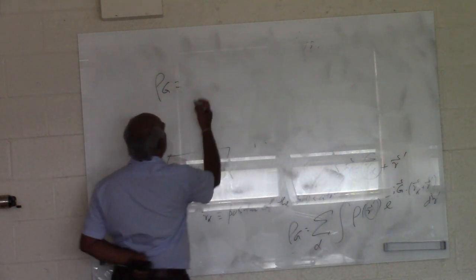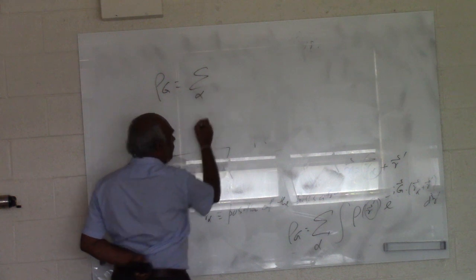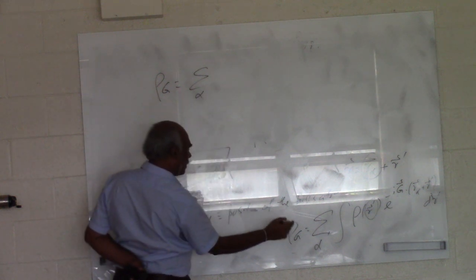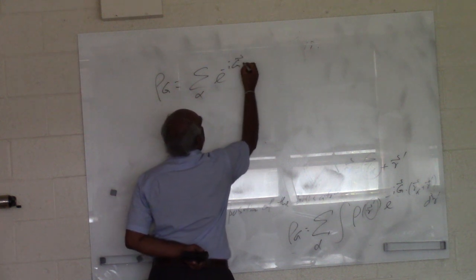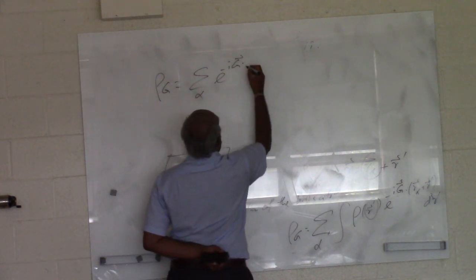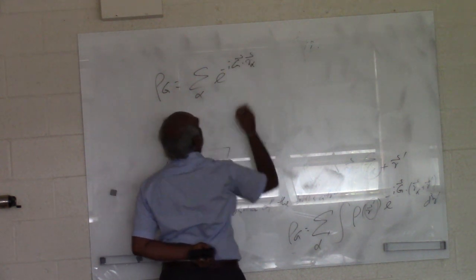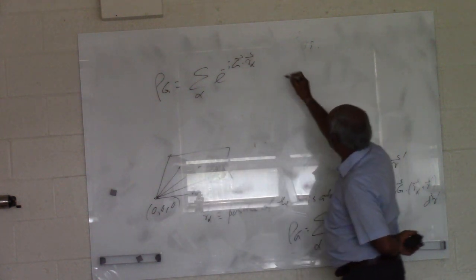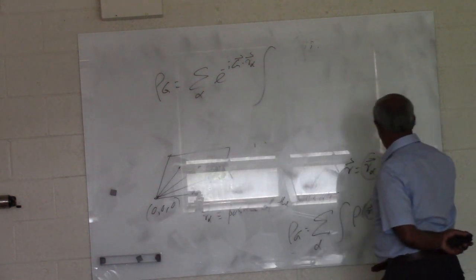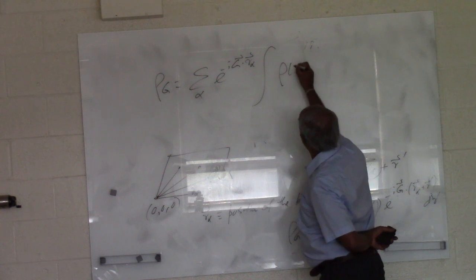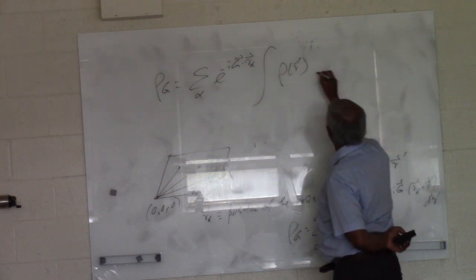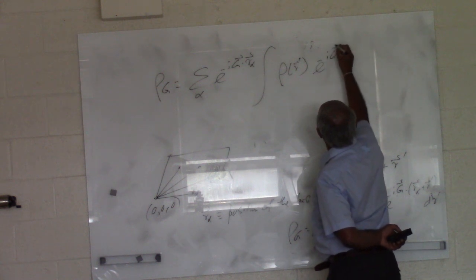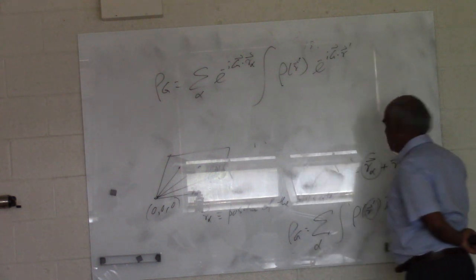So I have the integral part, I have rho r prime, then I have e to the minus iG dot r prime coming from this part, right?